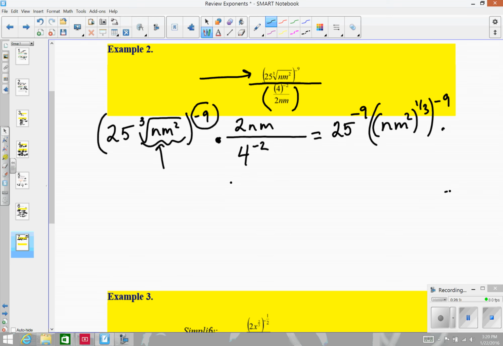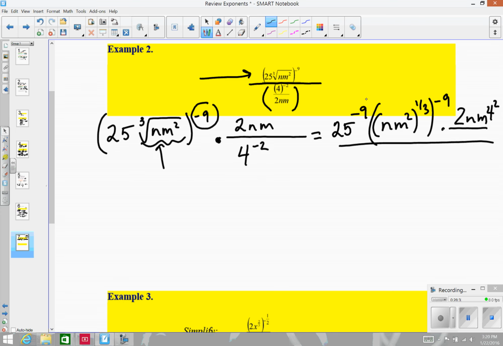Messy problem here. Times 2 to the nm over 4 to the negative 2 power. Let's bring that up. Make it a positive 2. So now I don't even have any more denominators. Or actually my denominators are all 1. Alright, so this is what we're working with from here on out.